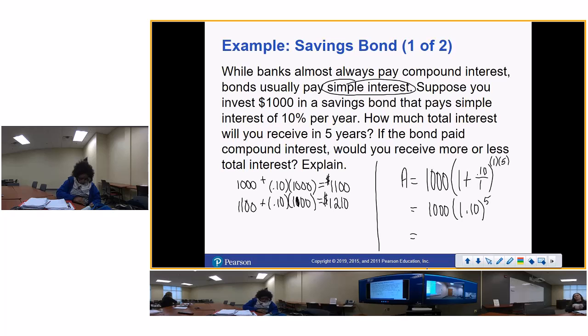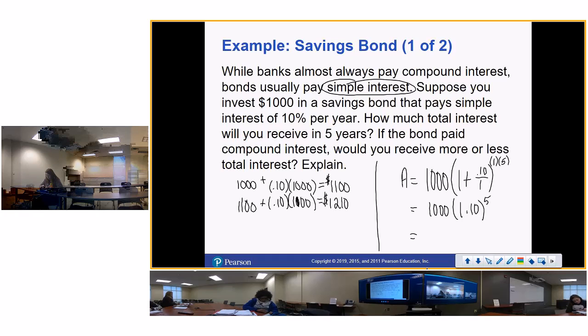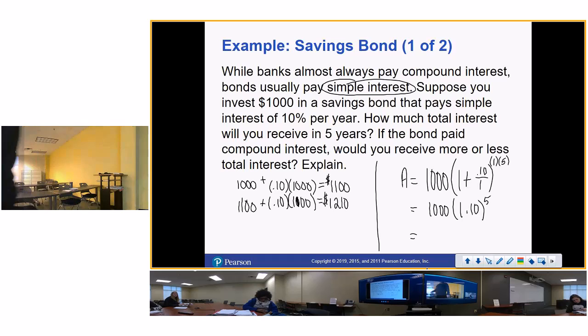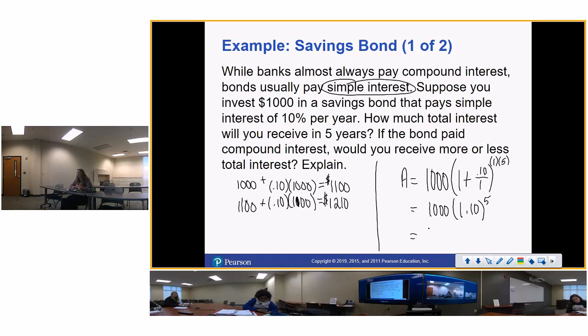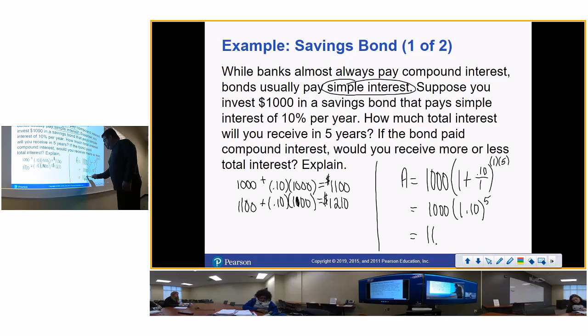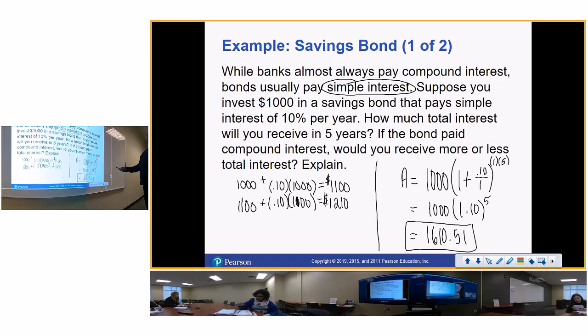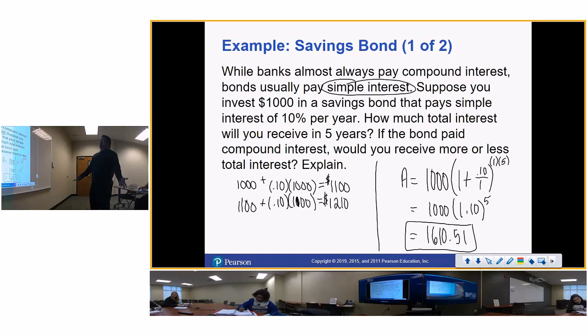Let me punch it through the calculator and see. 1,610.51. Okay, that's compound interest. Now, how are you supposed to know that when they haven't even given you the formula? I don't know, but maybe they're fixing to show you on the next slide how to do it because they don't have enough room there.